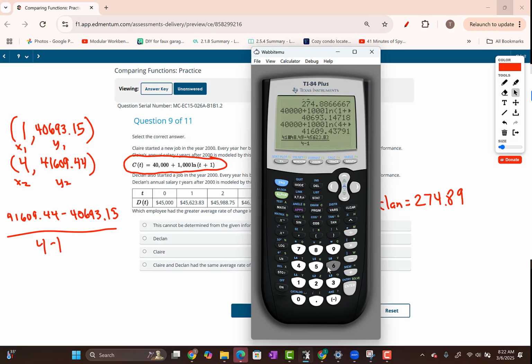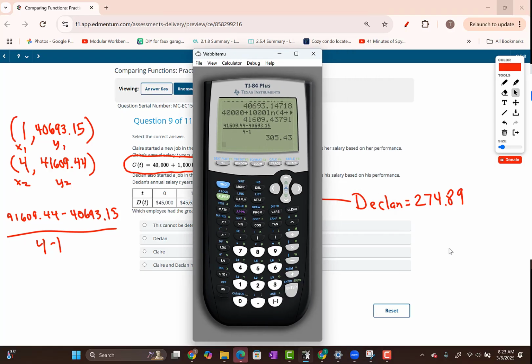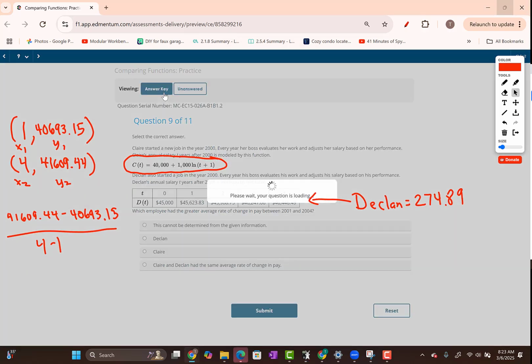So that's 41,609 and 44 cents. On the bottom, it's 46,993 and 15 cents. So Claire's rate of change is 305. That's greater than Declan's rate of change of 274. So the answer should be Claire.